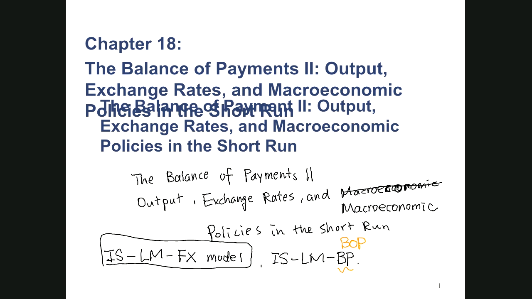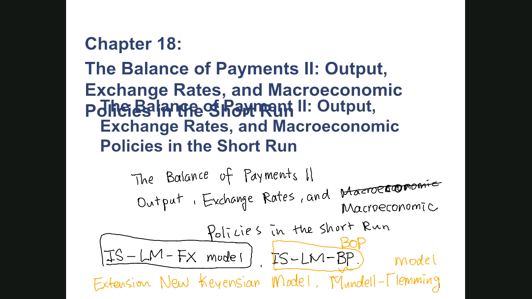Some people will call it the extension new Keynesian model, or it's named after two well-known economists. It's called the Mundell-Fleming model.